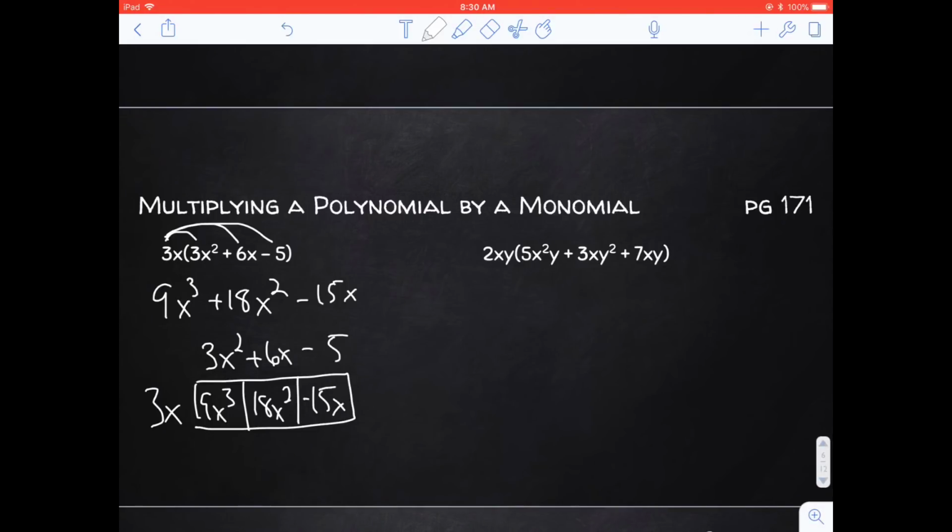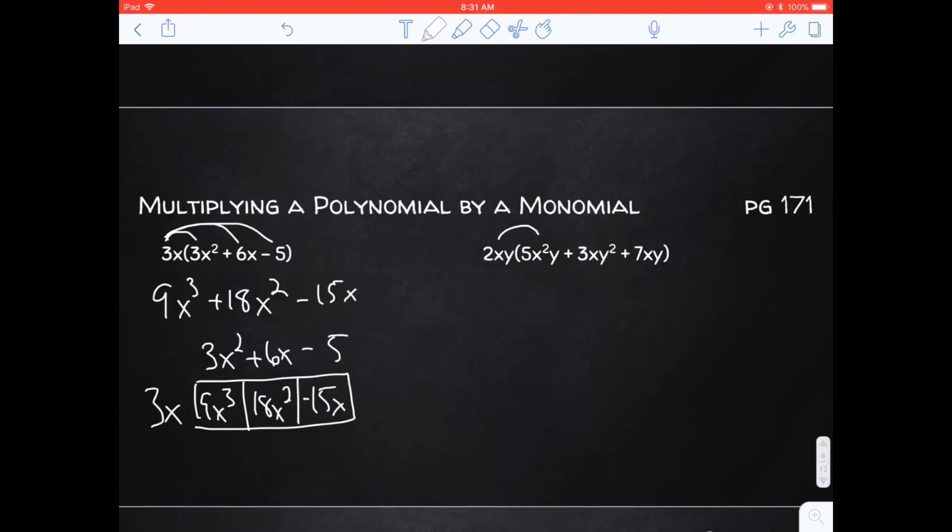With just a monomial being multiplied in, area model is not all that fancy, but I'm introducing it because later, as we do binomial times a binomial or binomial times a trinomial, in bigger terms, area model can be very helpful.